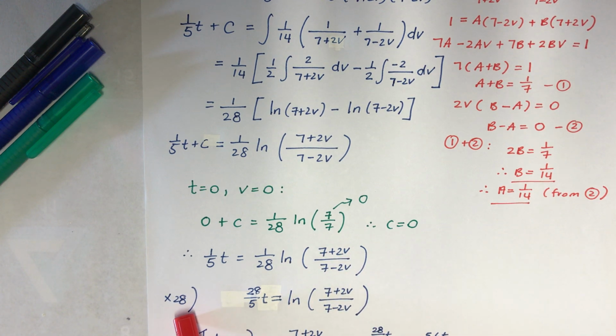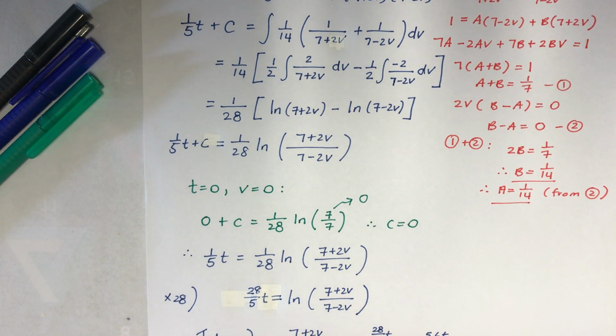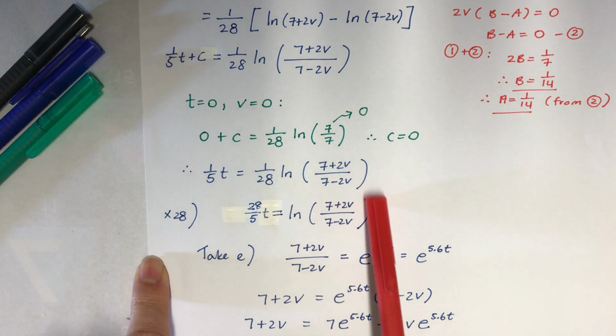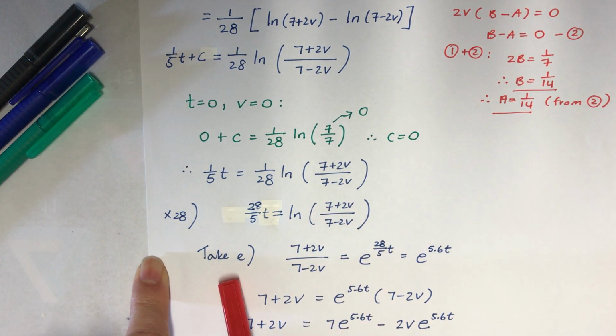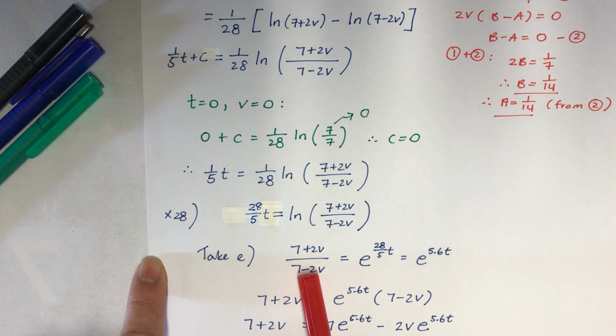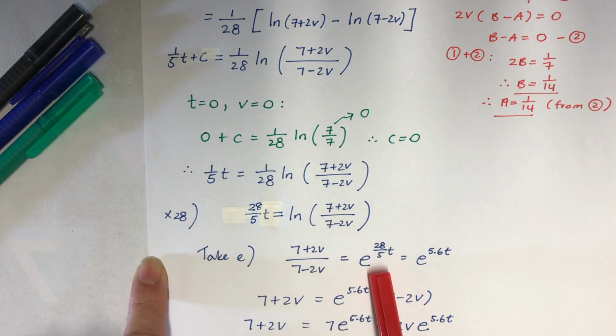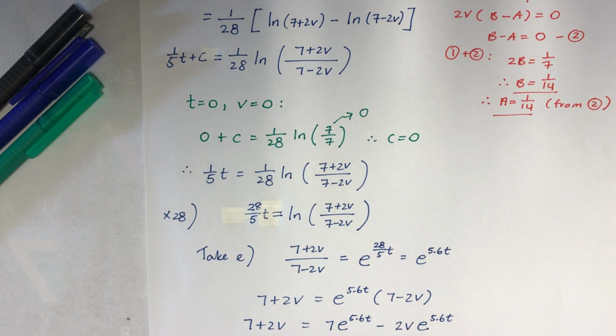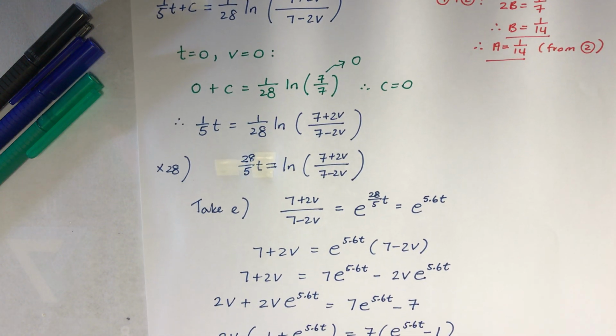I just times by 28 because the v has to be the subject. So I get rid of the 1 over 28, and then I want to make this as normal as possible, so take e, and that becomes (7 plus 2v) over (7 minus 2v), but on this side it's the exponential, and I just changed 28 over 5 to 5.6t, just easier.